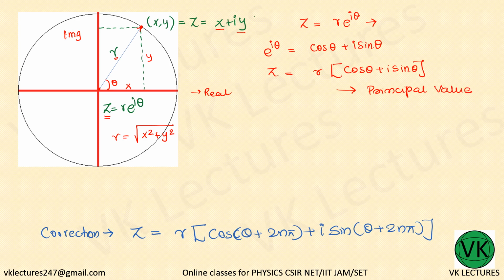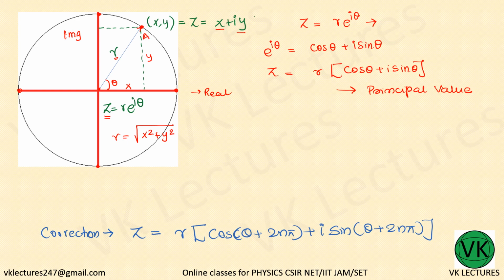Now when I start from here and make a complete rotation, reaching pi by 2, pi, 3 pi by 2, again to 2 pi, and then back to this point, let us call this point a.